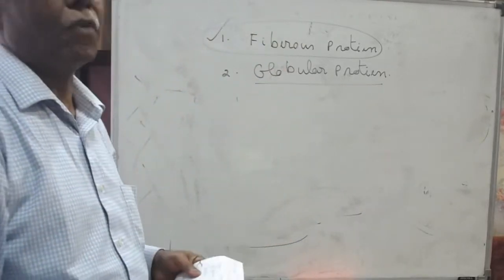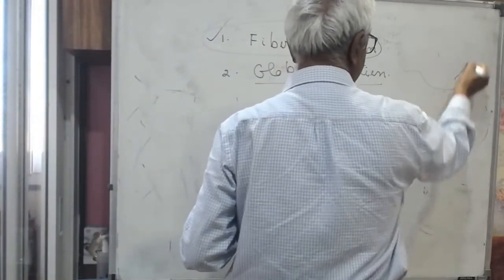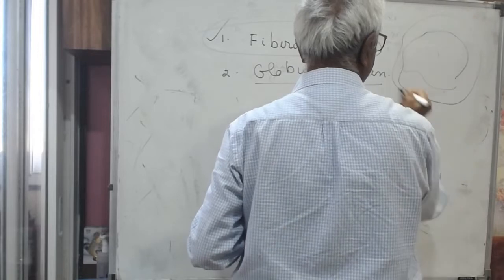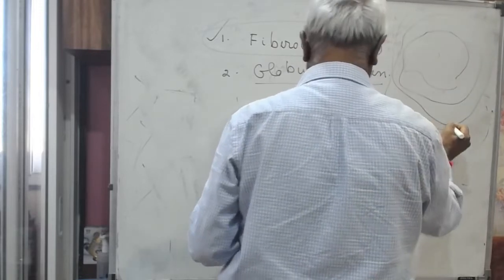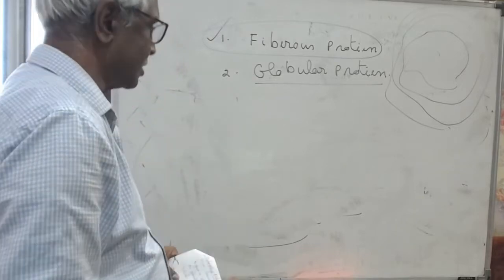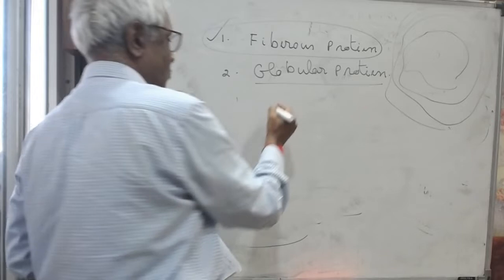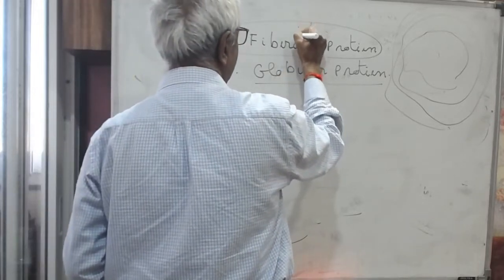What are globular proteins? When chains of polypeptides are coiled in a spherical shape, the protein is called globular protein. Usually these are water soluble, whereas fibrous proteins are water insoluble.